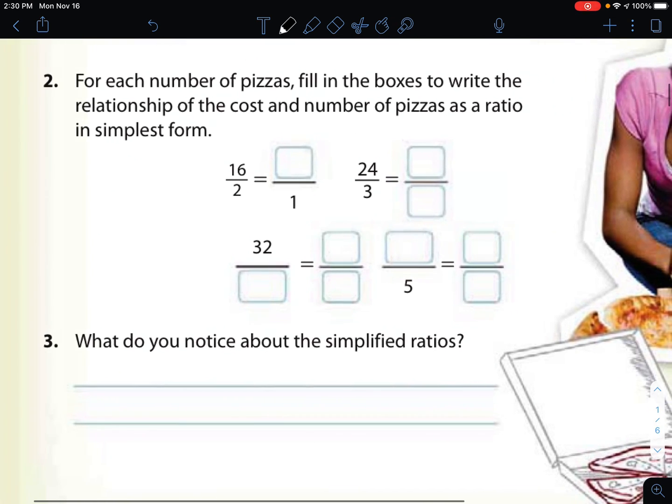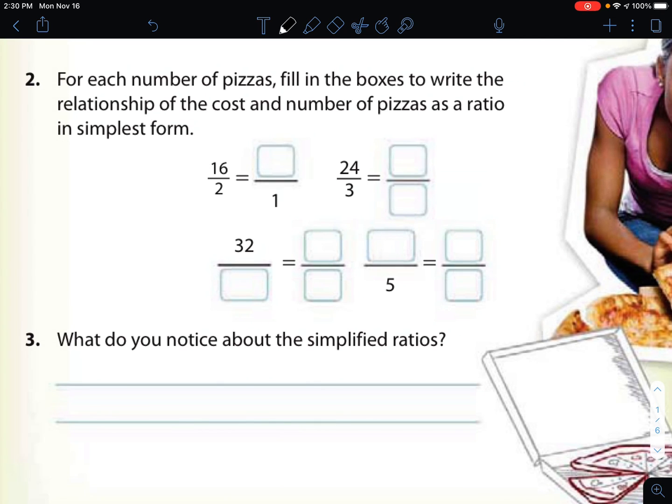So let's take a look at number 2. It says here, for each number of pizzas, fill in the boxes to write the relationship of the cost of pizzas to the ratio in simplest form. When you see the relationship of the cost and the number of pizzas, that means our numerator will be the cost and the denominator will be the number of pizzas.